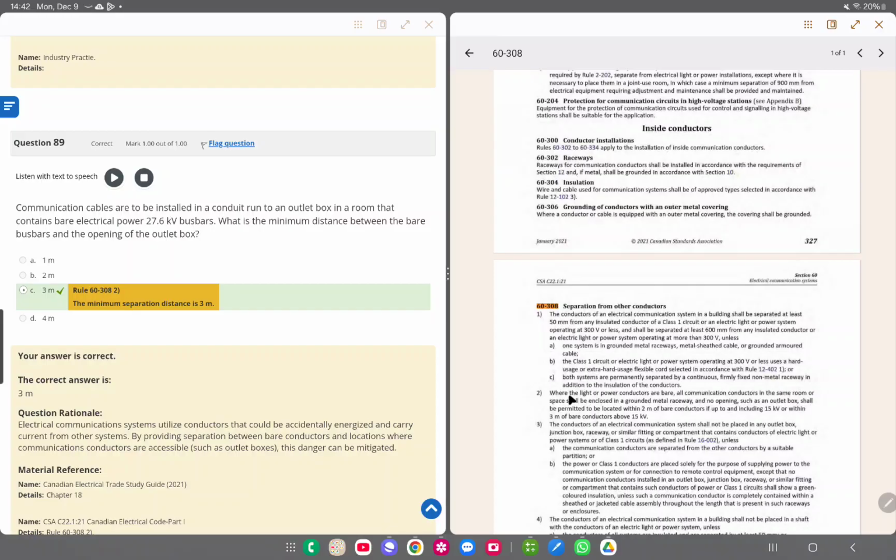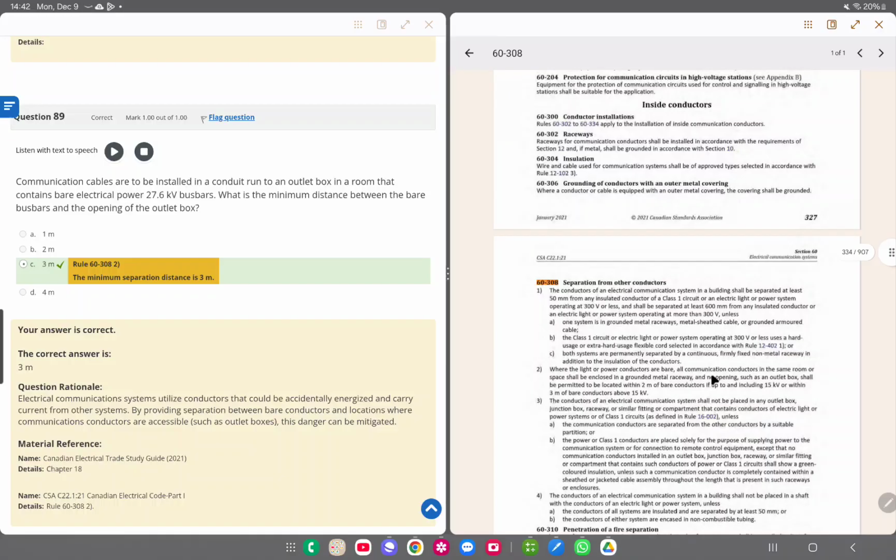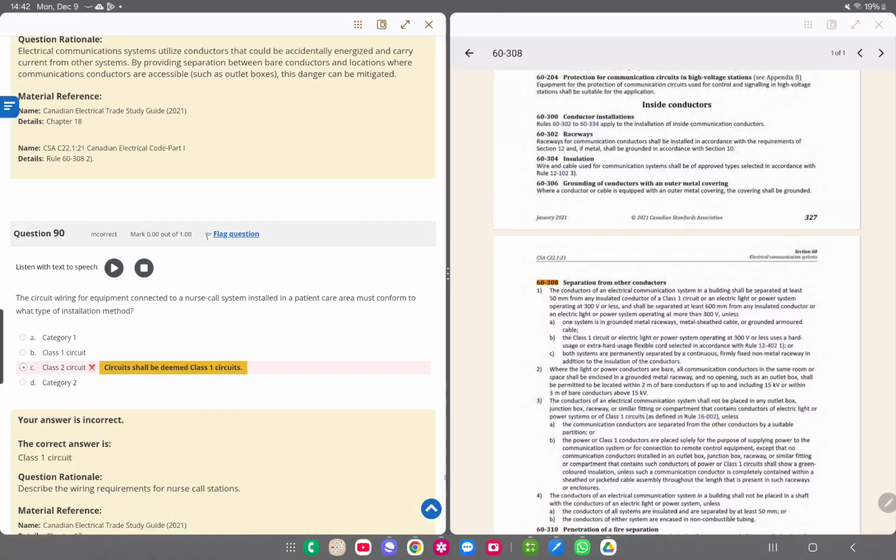And over here in subrule 2, it says 2 meters of bare conductors if up to and including 15 kV. This is over 15 kV, so it is 3 meters of bare conductors above 15 kV.